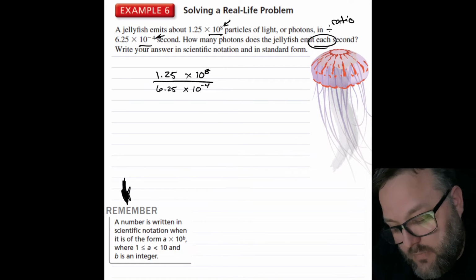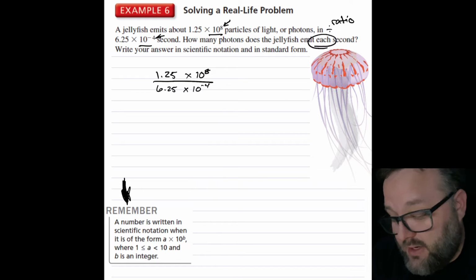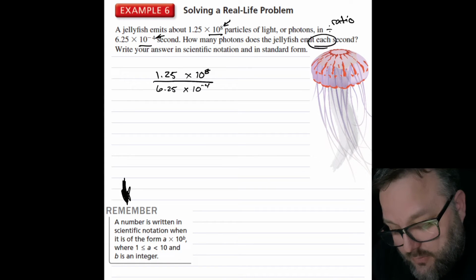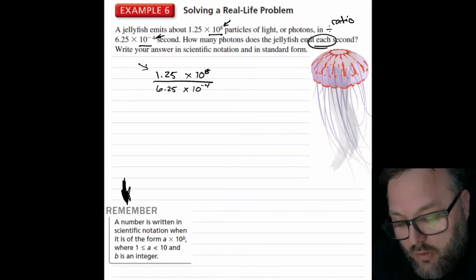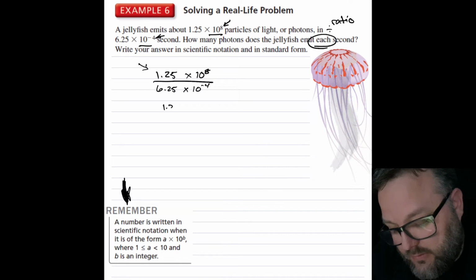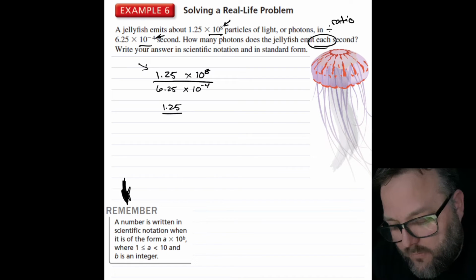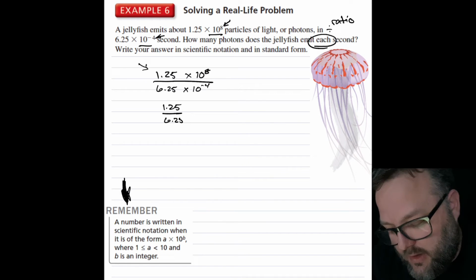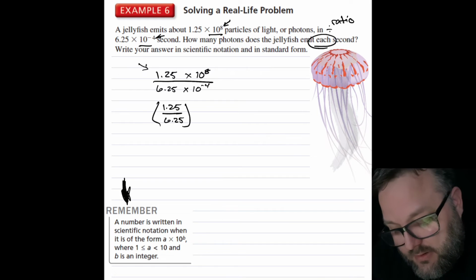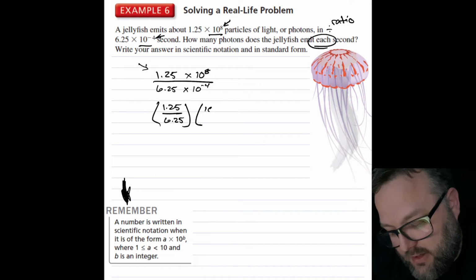All right, I'm sorry, I'm looking up because I had the next part written down as far as what the answer is here. Because what we can do is this would be the same thing as 1.25, because remember that x there means multiply, over 6.25 times 10 to the 8th over 10 to the negative 4th.